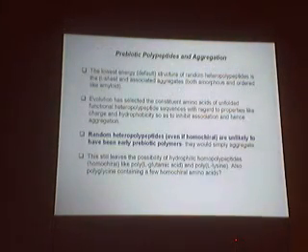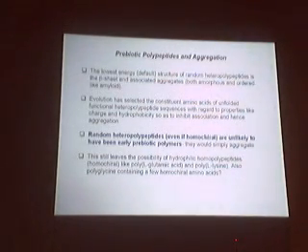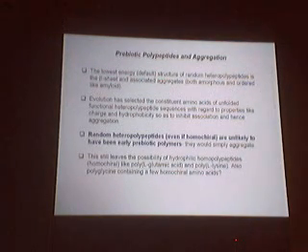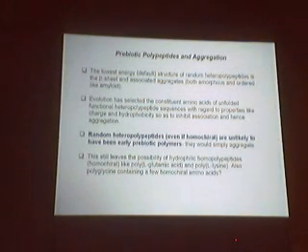So here we are then. Let's look at prebiotic polypeptides and aggregation. The lowest energy default structure of random heteropolypeptides is actually beta sheet and associated aggregates. That's the lowest energy conformation. That's where proteins in living systems are on the knife edge, trying to resist falling down into the lowest energy state, which is the beta sheet.